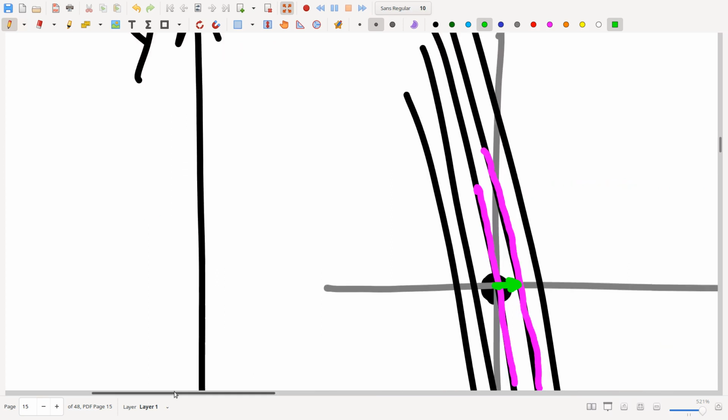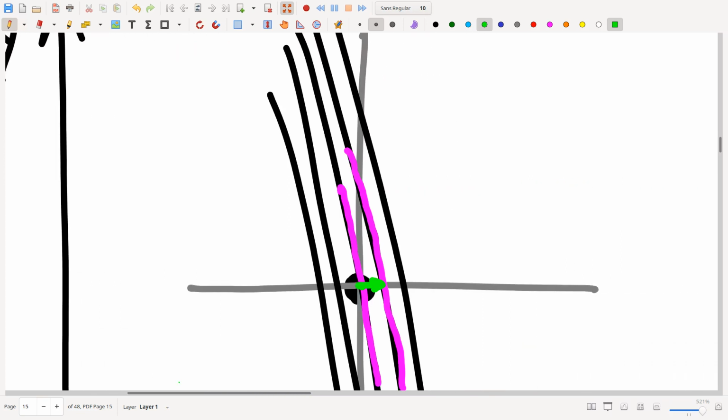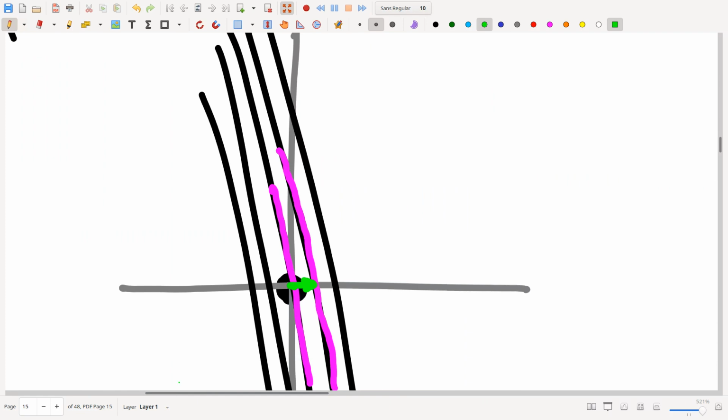Okay, now let's ask what about the partial derivative with respect to y? Partial with respect to y means I'm moving in the y direction. As I go that way, I'm still going to eventually make it to this other contour line, but thankfully I get to cover that same amount of altitude gain over a much greater distance.